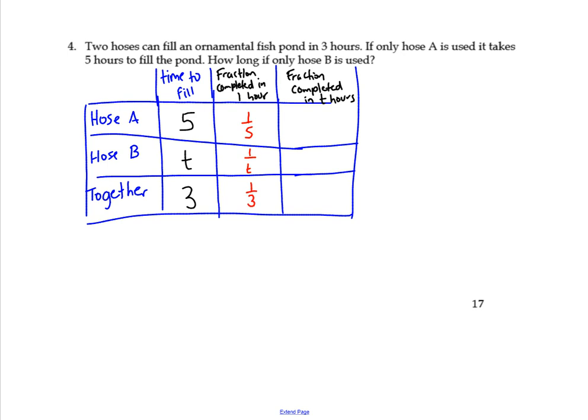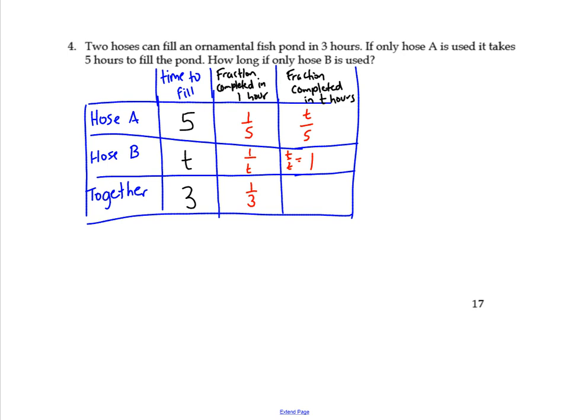Okay, so in t hours, if it was 2 hours, how much would hose A finish? 2/5, right? So it would be t over 5. How much would hose B complete in t hours, if it takes him t hours to complete? t over t, which equals 1, because they're basing it on hose B's time. That's our unknown.